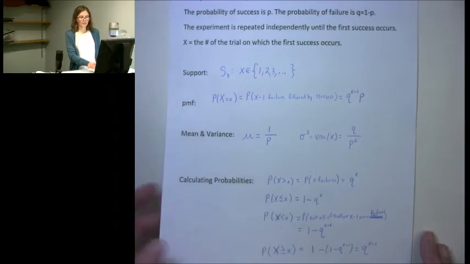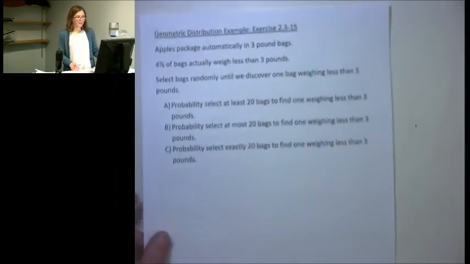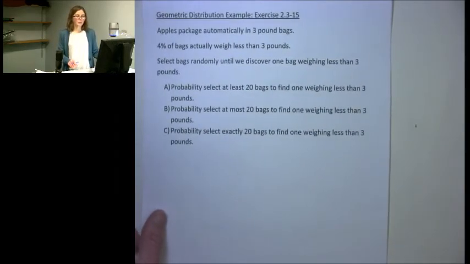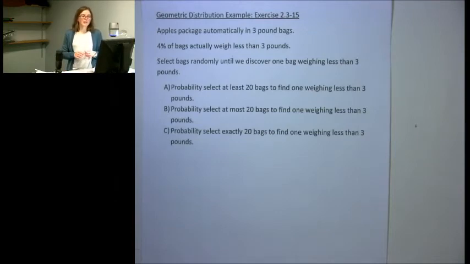So I've got an example to work on with the geometric distribution. This is one of the exercises from the book, 2.3-15. In this example, apples are packaged automatically in 3-pound bags, and 4% of bags actually weigh less than 3 pounds.